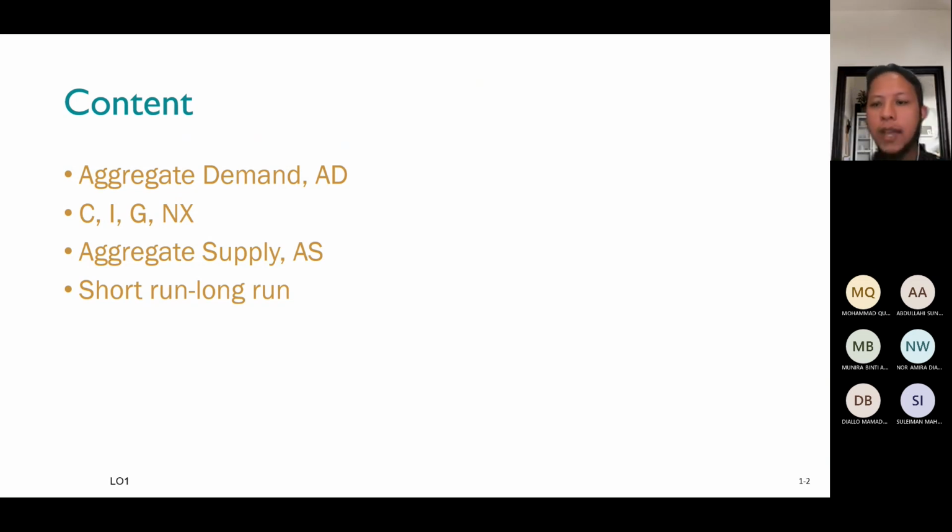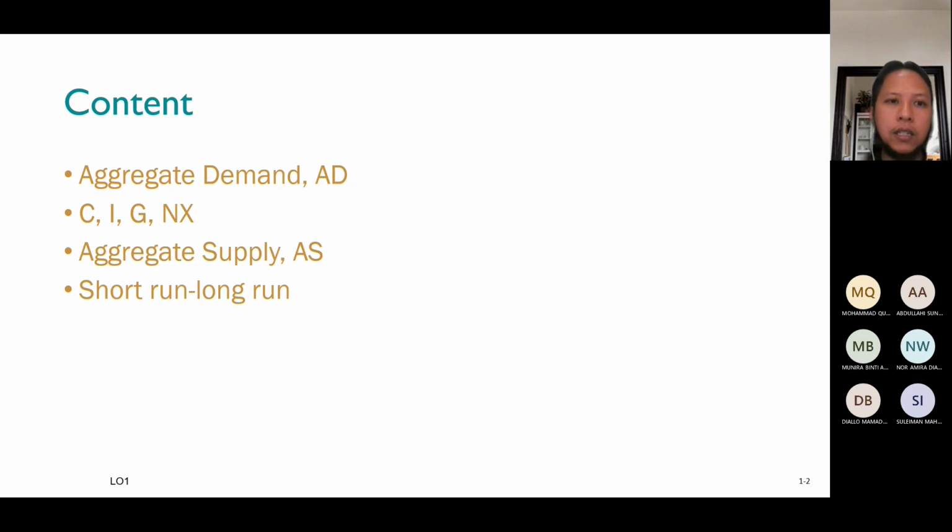So when you add everyone's demand together, at the same time, you will eventually arrive to the conclusion that these are all consumption. Okay, consumption. So consumption represents demand, investment represents demand, government spending represents demand, and net export also represents demand.